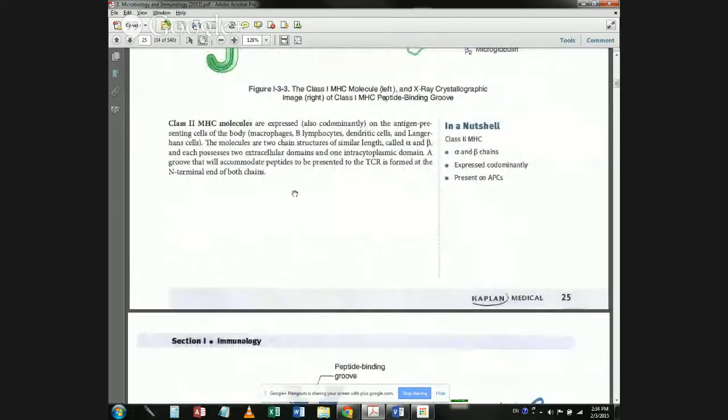Okay, so the molecules are two chain structures of similar length. Which molecules are we talking about here? MHC molecules. Okay, so duh. MHC molecules are two chain structures of similar length.